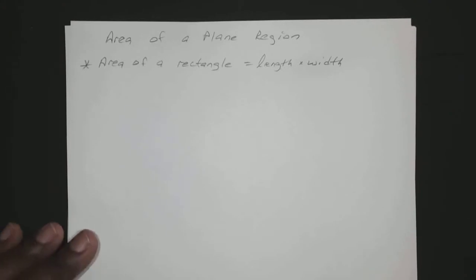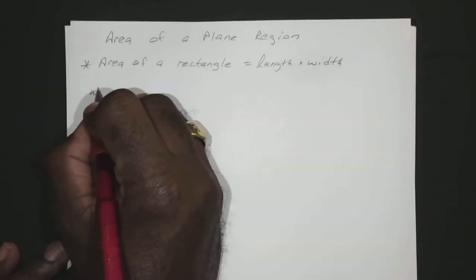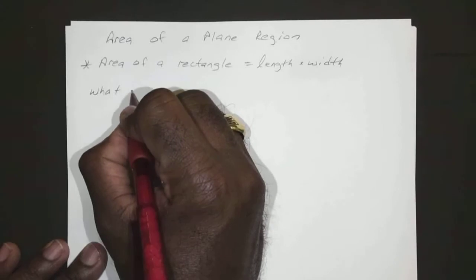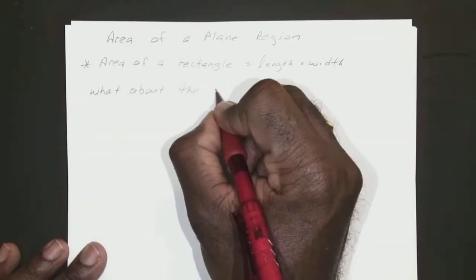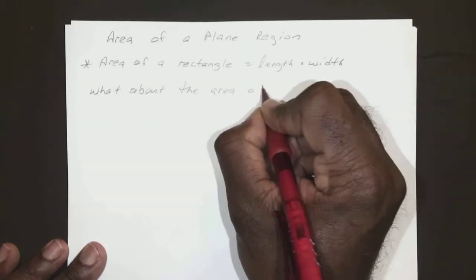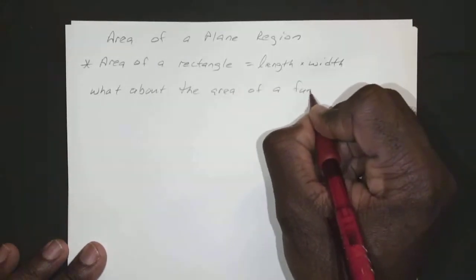Now that's okay for a rectangle, but what if you have a function that's oddly shaped? So what about the area of a function?